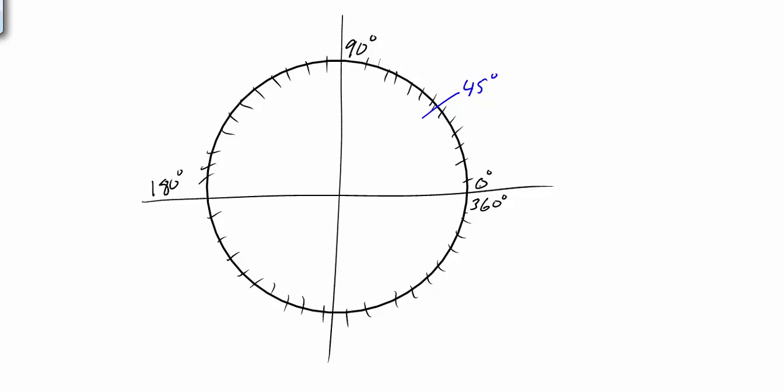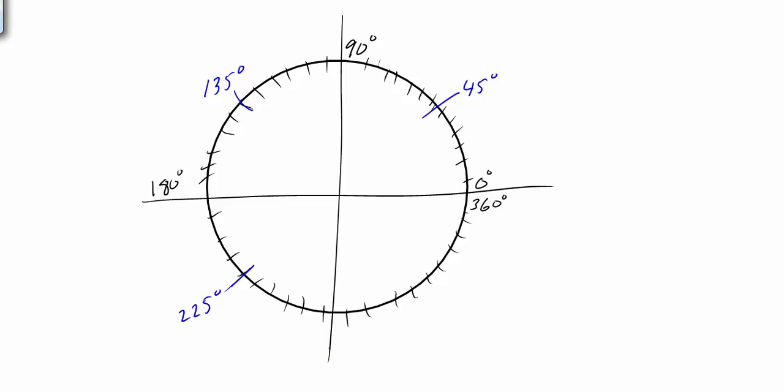So let's go ahead and mark this off. If we had 0 degrees and we go to 45, another 45 would be 90. And then if we went from 90 to another 45, that would be 135 degrees. And another 45 would be 180. And then if we go another 45 degrees, that's going to give us 225 degrees.